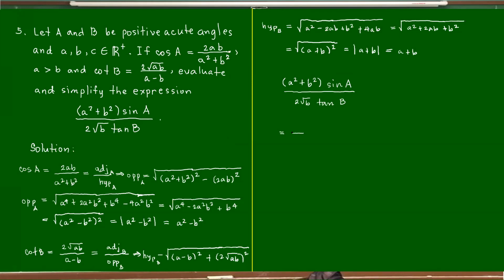What is sine A? A squared plus B squared multiplied to sine A. What is sine A, children? Opposite over hypotenuse.